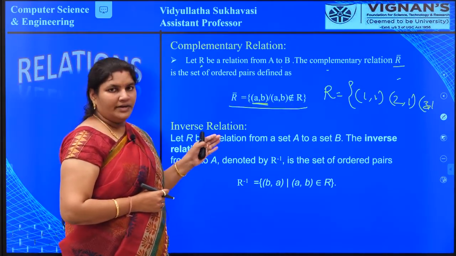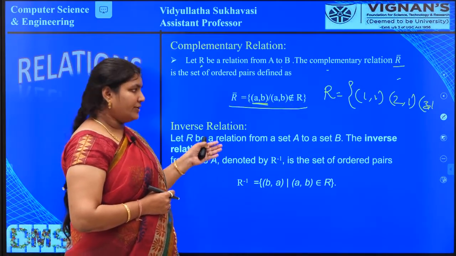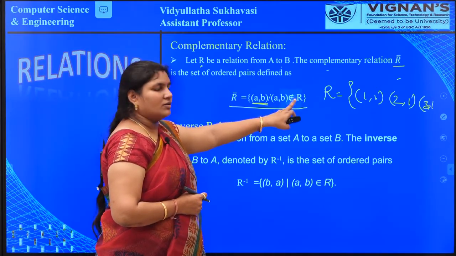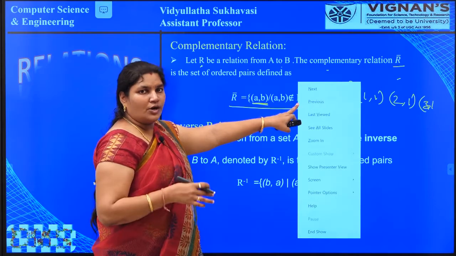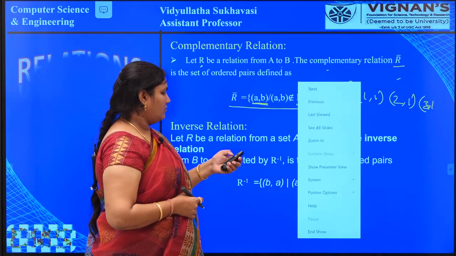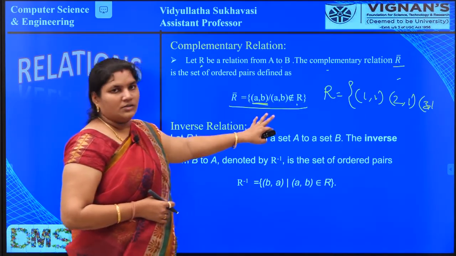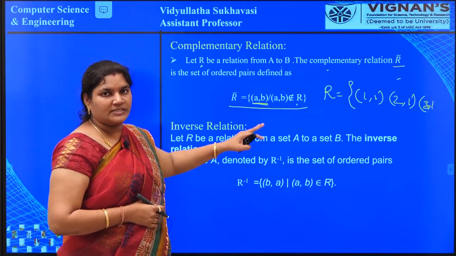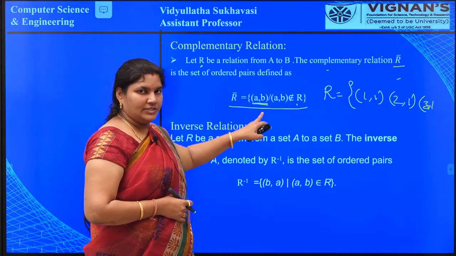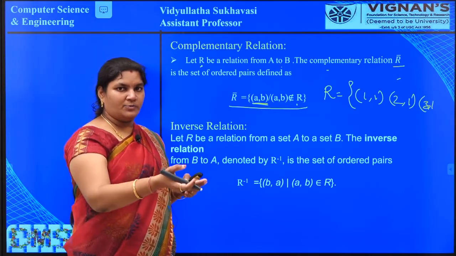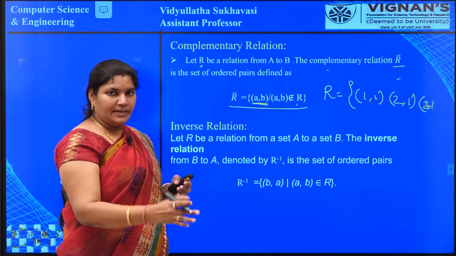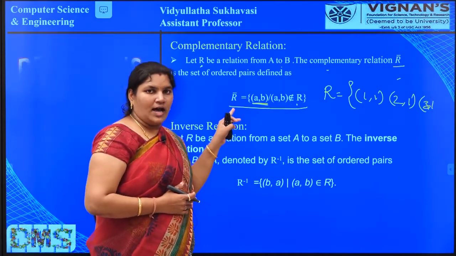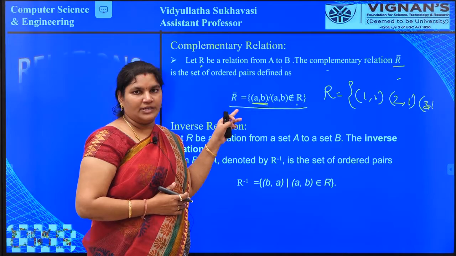In the complementary relation, the ordered pairs which do not belong to the relation R, only those ordered pairs come under complementary relation. So whatever the ordered pairs we have in relation R, except that, the remaining ordered pairs will be present in the relation R bar, that is the complement relation.